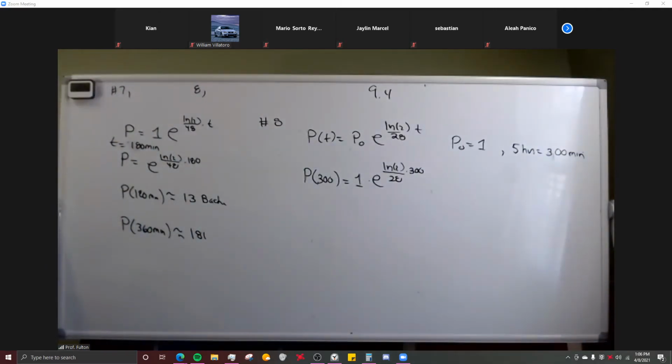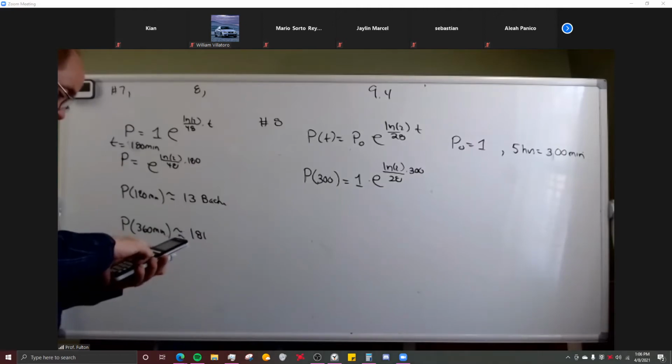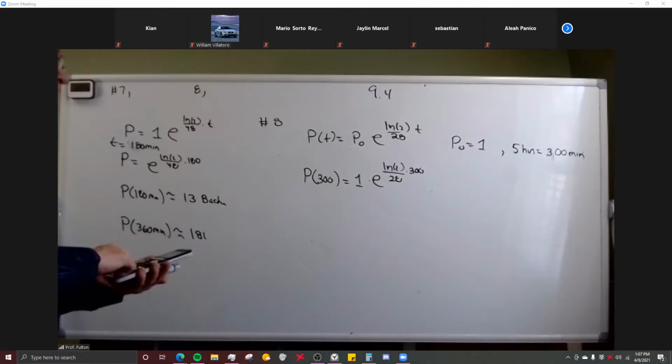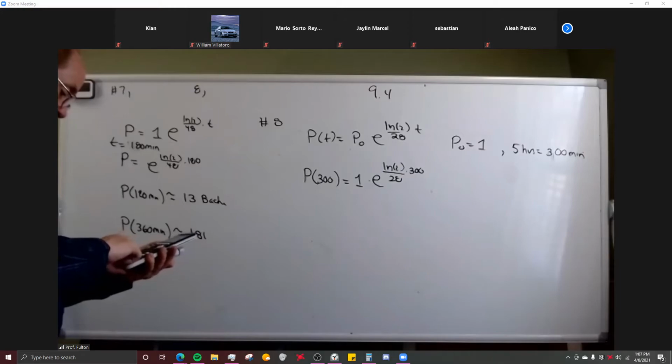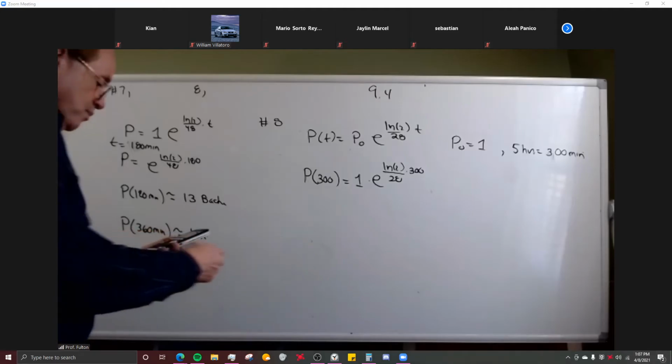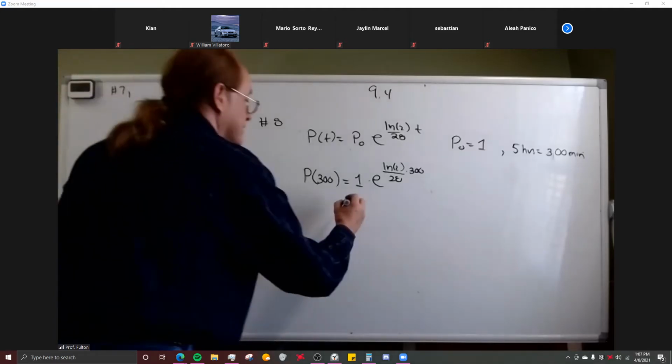And just plug everything in and see what we get. The second function, e to the natural log of 2 times 300 divided by 28. In that case, we have 1,680.